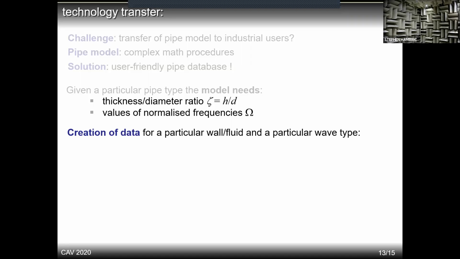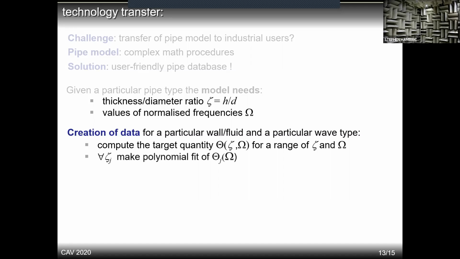Therefore, for a particular wall, fluid and a particular wave type, we will compute the target quantity, the quantity which the end user would wish to use, for a range of zeta and omega values.